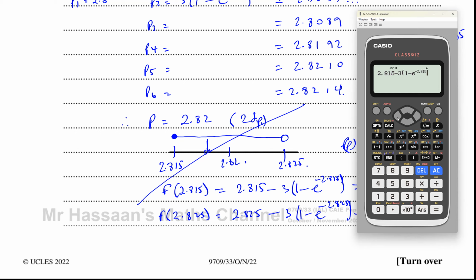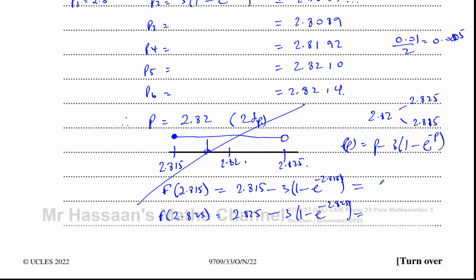Okay, and then close that bracket. All right, and that gives us a negative value, negative 5.28 times 10 to the power of negative 3.